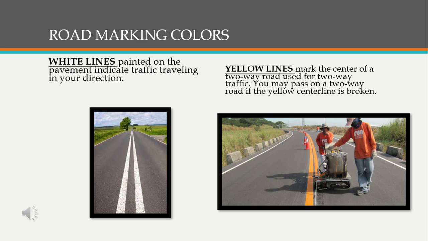While the yellow line marks the center of a two-way road used for two-way traffic. You may pass on a two-way road if and only if the yellow center line is broken.